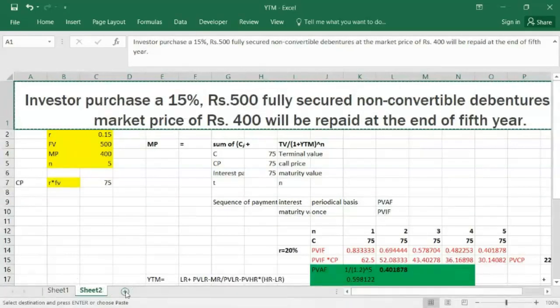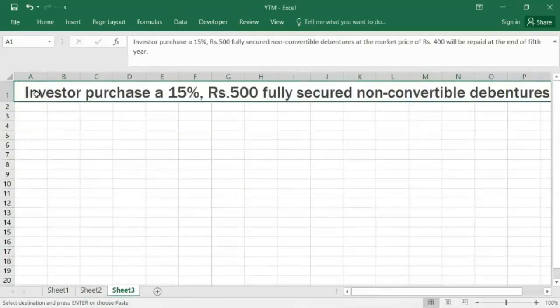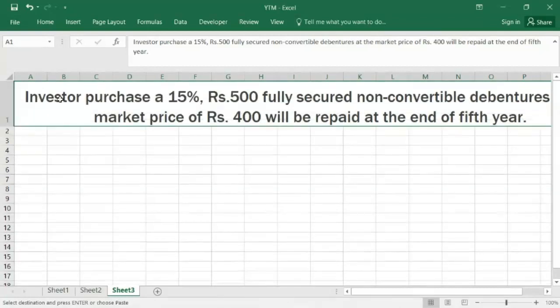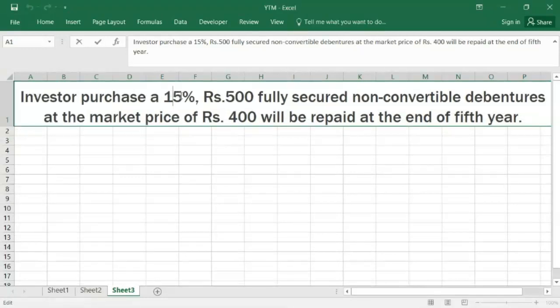One more problem that I have taken here, I just changed the values. You just work out this problem. The investor purchases, you can take 18%.